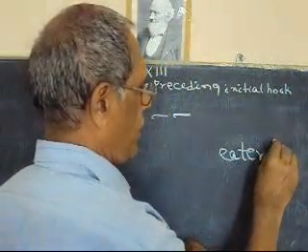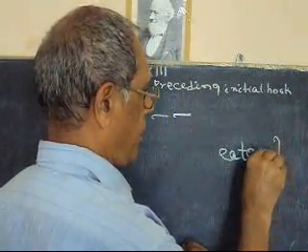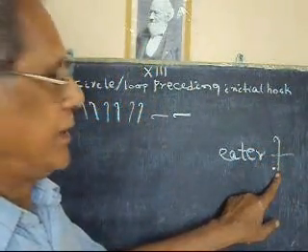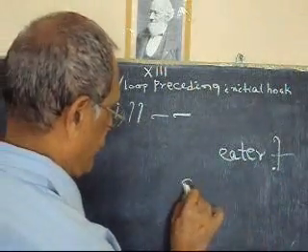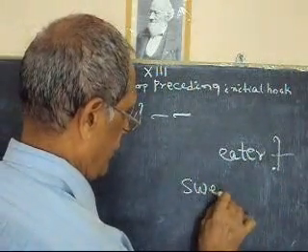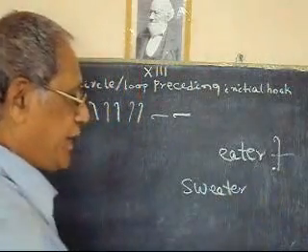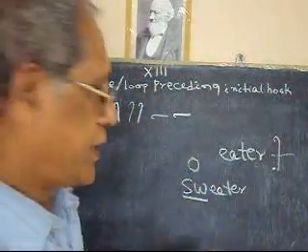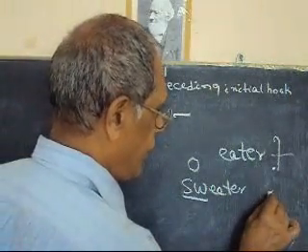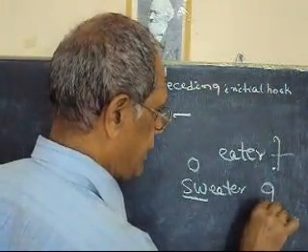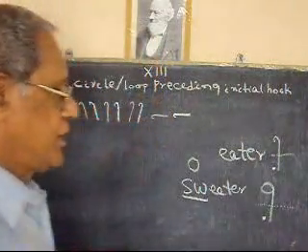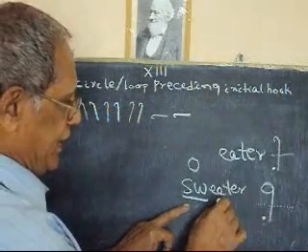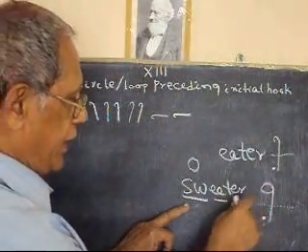Eta. Okay. Sweeter. Swa is represented by a large circle. Now, you can write like this. Swa. Swa. E. E. Tar.